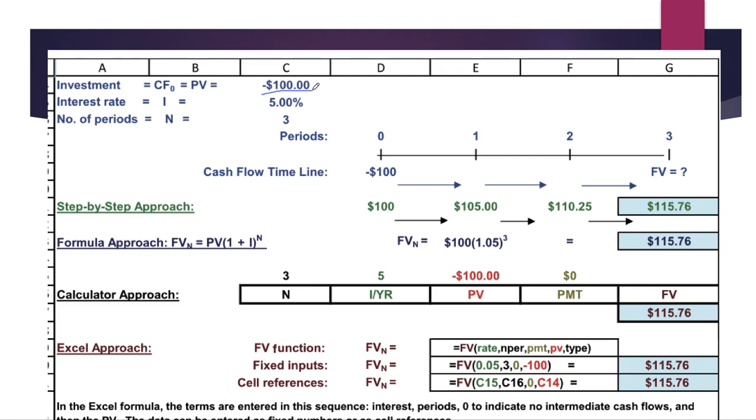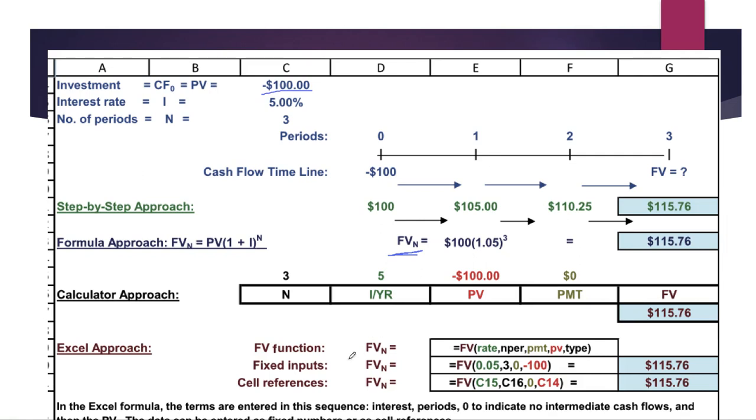So basically we are spending some cash, and in a step-by-step approach, we have already seen the formula to calculate the future value, and the future value at the end of 3 years of an initial investment of $100 grows to $115.76. So we can do these calculations also in Excel.